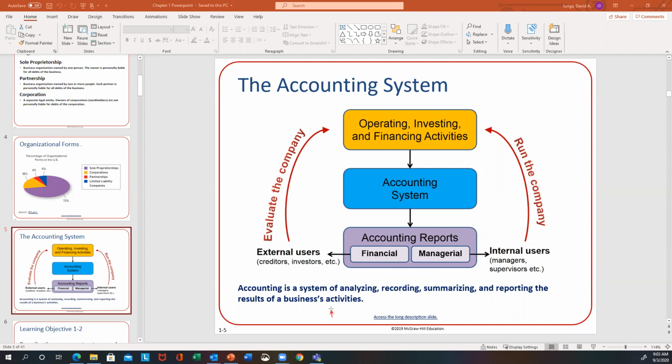Primarily, the focus in this class when we get to preparing the financial statements is on external users, because we're following GAAP, and most of the entities we're going to be reporting on are corporations. But internal users still use the same information as well. External users evaluate, and the internal users run the company. So everybody has a stake in making sure that the company is doing well.